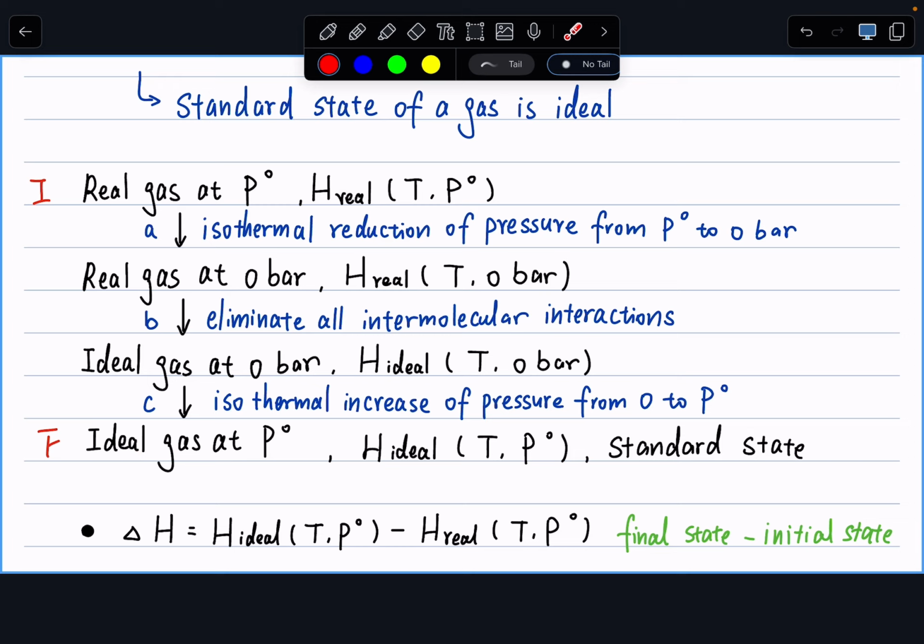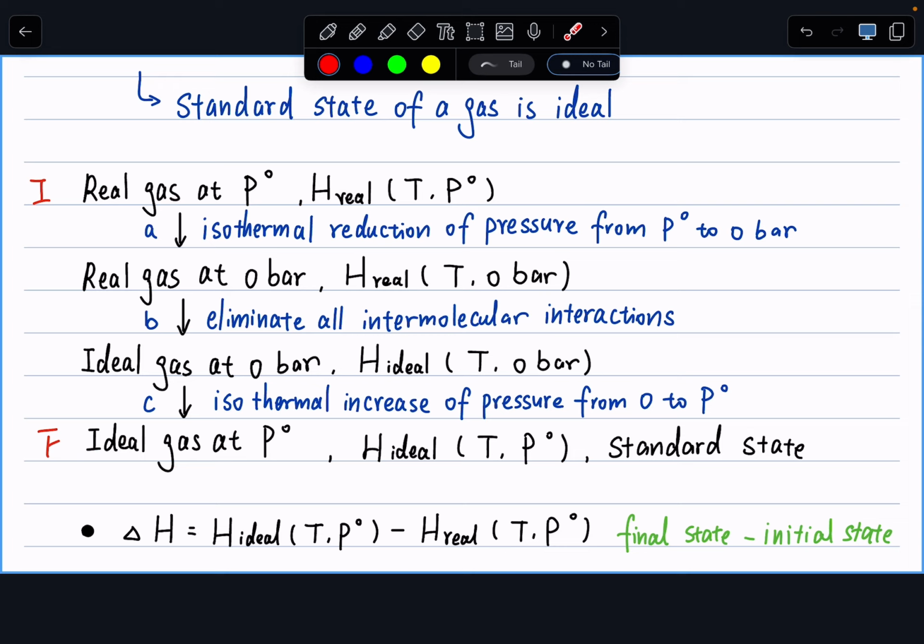Again, for thermodynamics, whenever we're talking about a change of a state function, we're always thinking about how to build a path so that I can calculate the changes. Now, the biggest challenge here, by connecting a real gas to an ideal gas, is that in a real gas we have intermolecular interactions between gas molecules, while in ideal gases the gas molecules do not interact with each other.